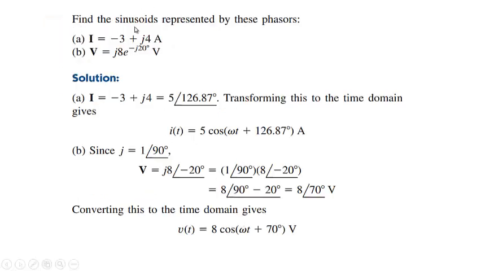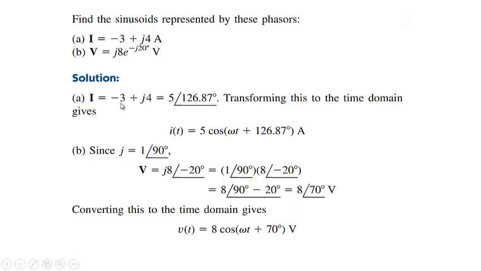Now the reverse: find the sinusoid represented by these phasors. The first is I = -3 + j4, and the second is j8 e raised power j20. So I is equal to minus 3 plus j4. Transform this into the time domain. It will be 5 at an angle of 126 degrees.